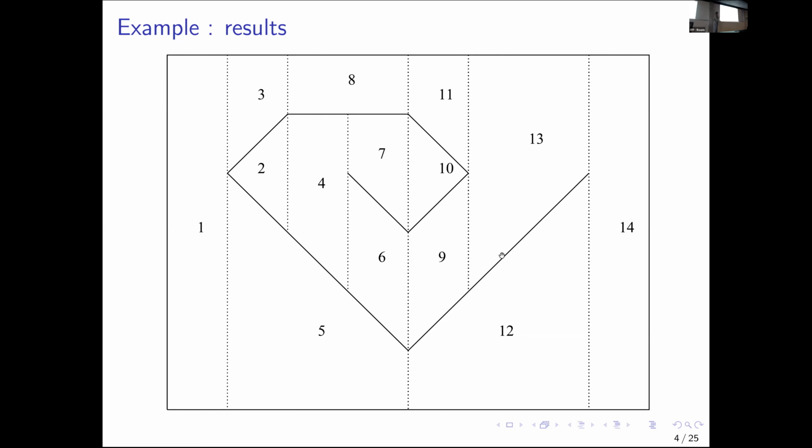It builds a finite number of objects, which are cells. So here I give them numbers. And these cells are all either square or some sort of trapezoid or some sort of triangle. And I will show you how these things are built.